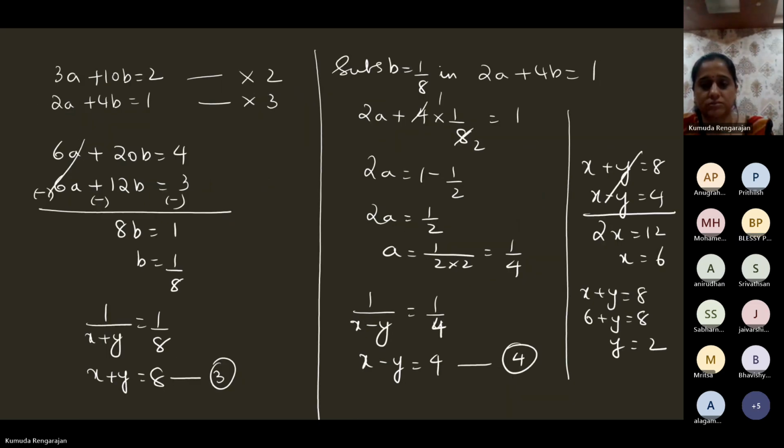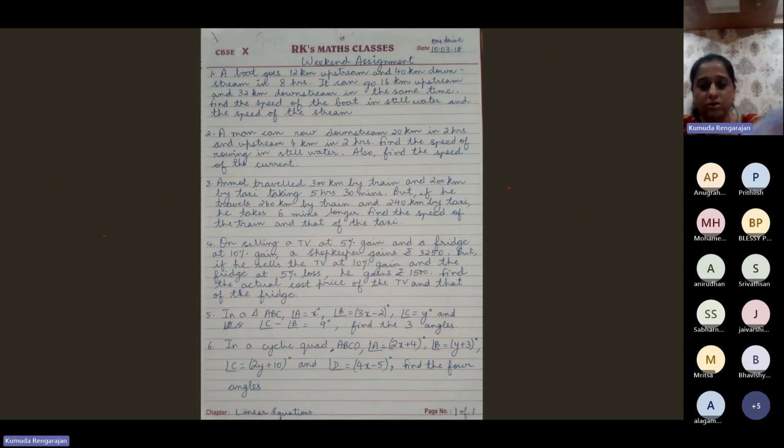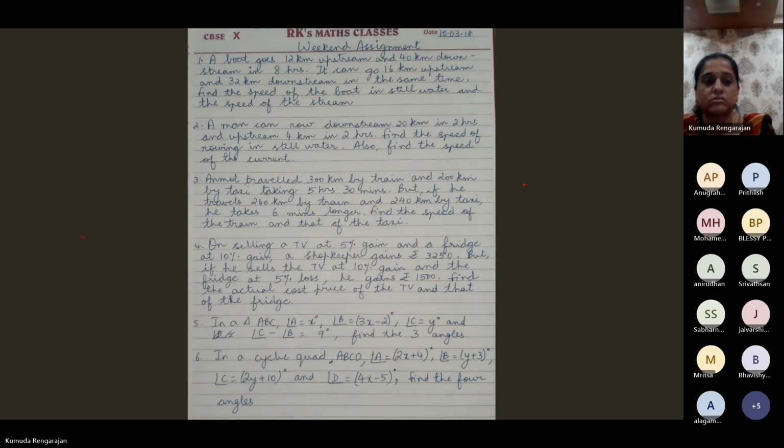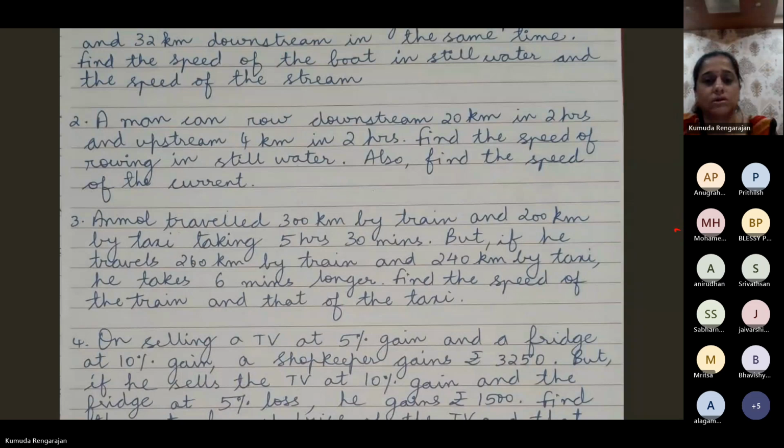No, ma'am. Okay. I will see the second one. A man can row downstream 20 kilometers in 2 hours and upstream 4 kilometers in 2 hours.